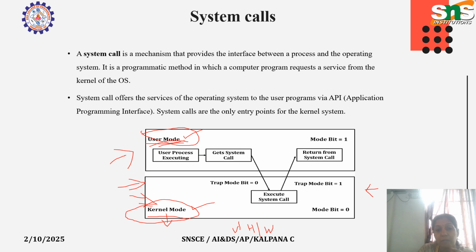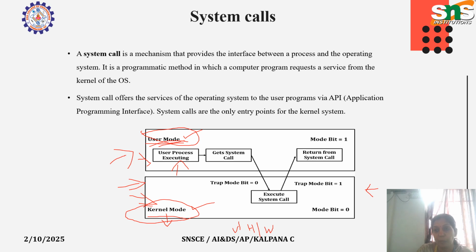So in user mode, a user program or process is executing. Just imagine this user program is requesting some resources, like say it has to perform some input output operations, or else it needs some resource management or memory management.